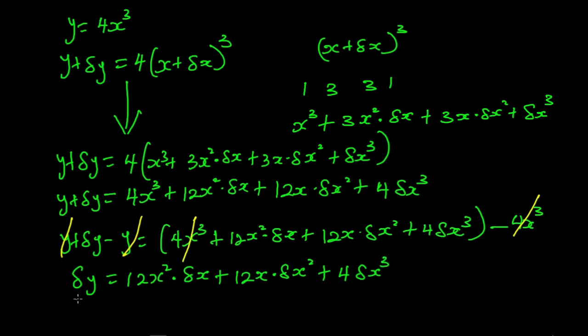Now dividing both sides by delta x, we divide this side by delta x, and we also divide all of this by delta x. Since delta x is common to the numerator, this is going to cancel out this. This will take out 1 from this, so it remains 1, and this takes out 1 from this, so this remains 2.